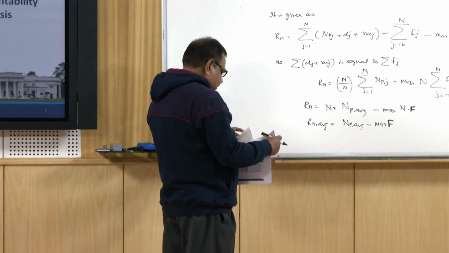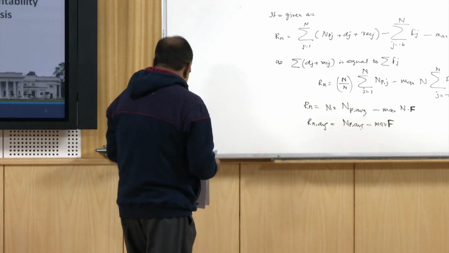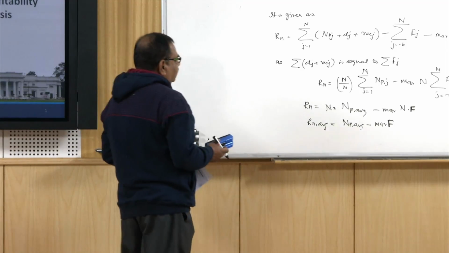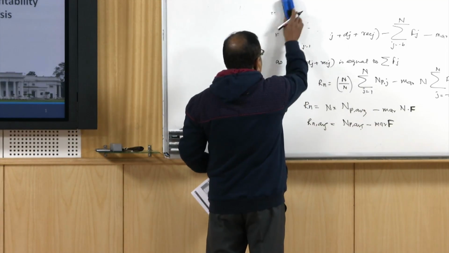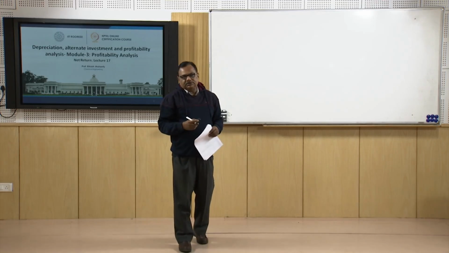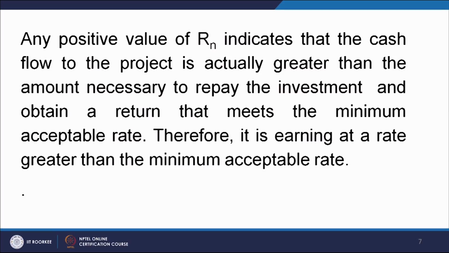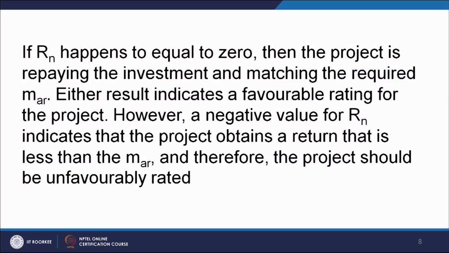Now, having derived this equation, let us go for some numericals where we will apply these equations to arrive at some conclusions. Any positive value of Rn indicates that the cash flow to the project is actually greater than the amount necessary to repay the investment and obtain a return that meets the minimum acceptable rate. Therefore, it is earning at a rate greater than the minimum acceptable rate, which is MAR.